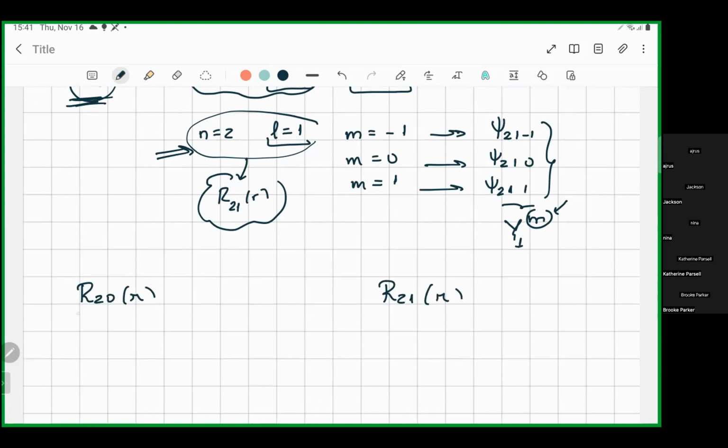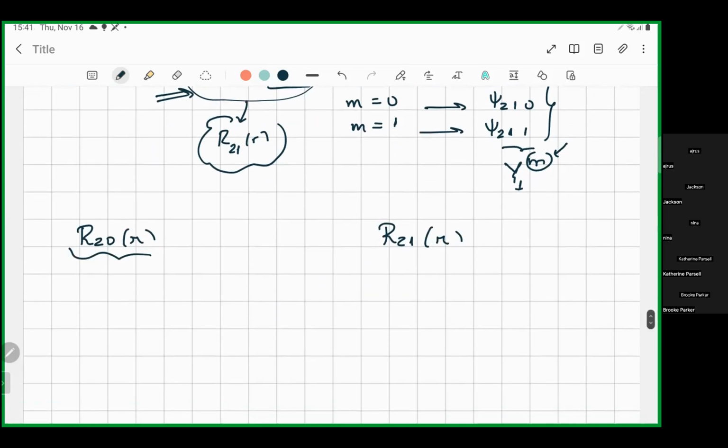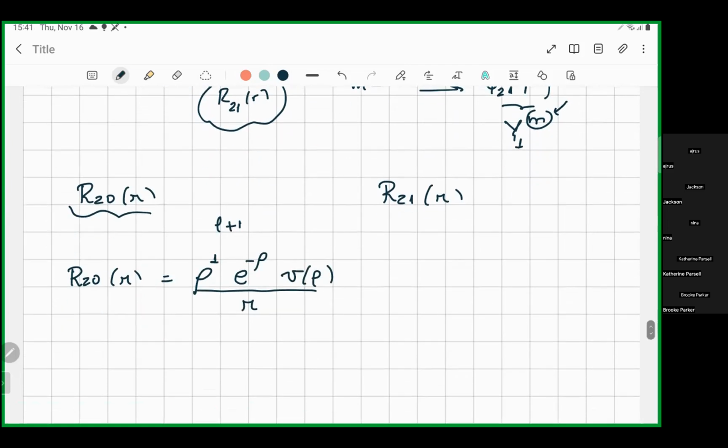Okay, so for this one, what is the R that we have? I'm going to put here the rho. The rho is to the power L plus 1, but L here is 0, so the power will be just 1. Then we have the exponential of minus rho. We have the v that we'll have to write, divided by r. Okay, so what else do we have?